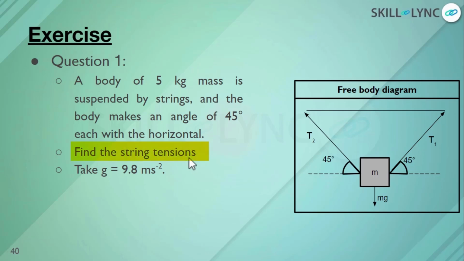Find the string tensions. Let T1 be the tension of string 1 and T2 be the tension of string 2. We should also consider acceleration due to gravity as 9.8 meters per second squared.